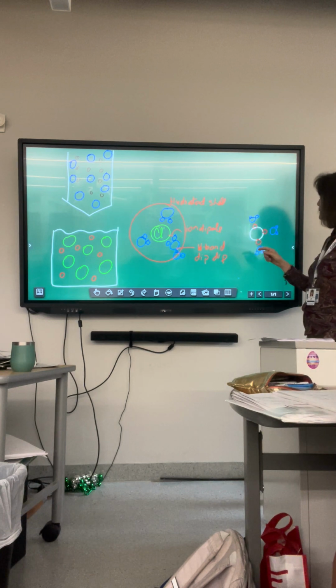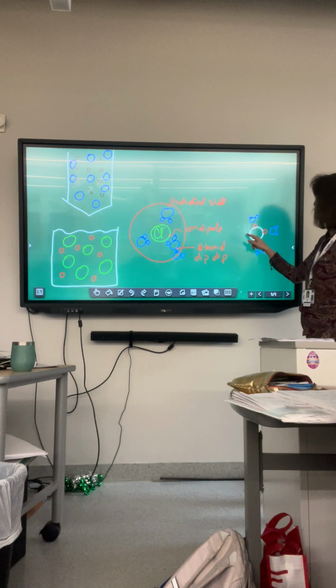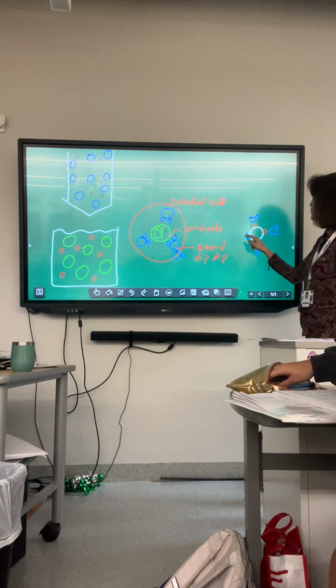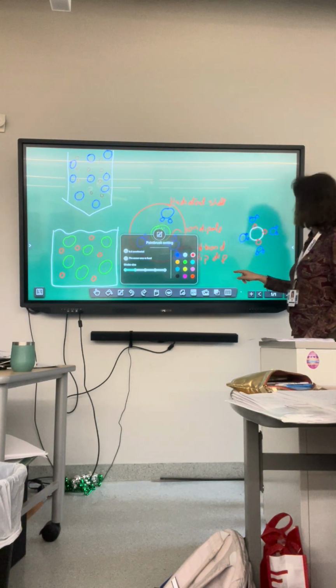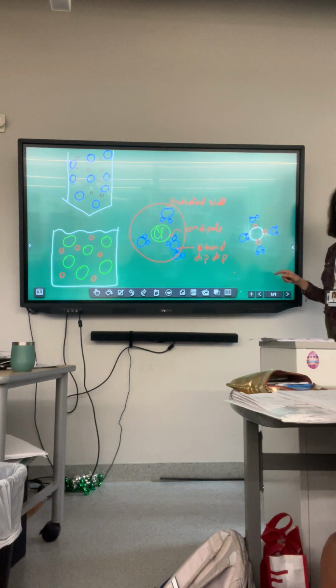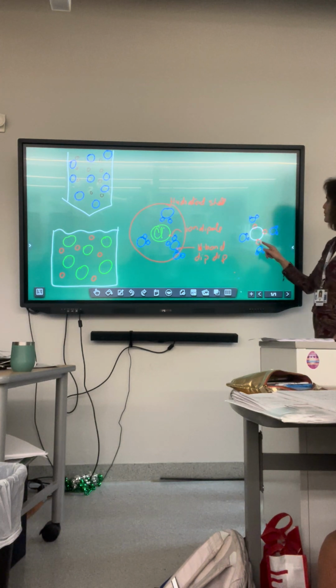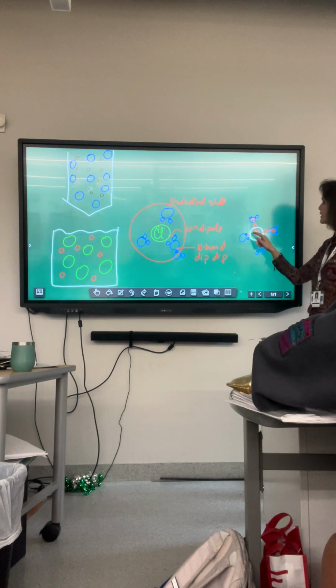And this will be the hydrogen side of the water. Is that hydrogen bonding too? Yes, because it's in between 2 O's. So that's all hydrogen bonding.